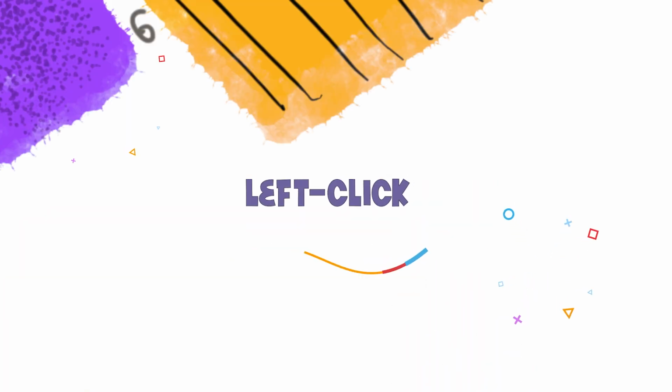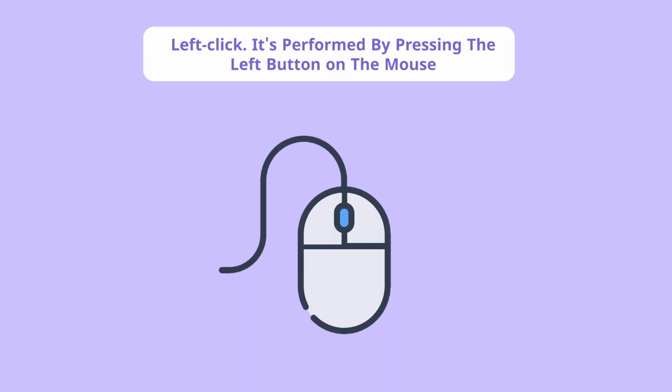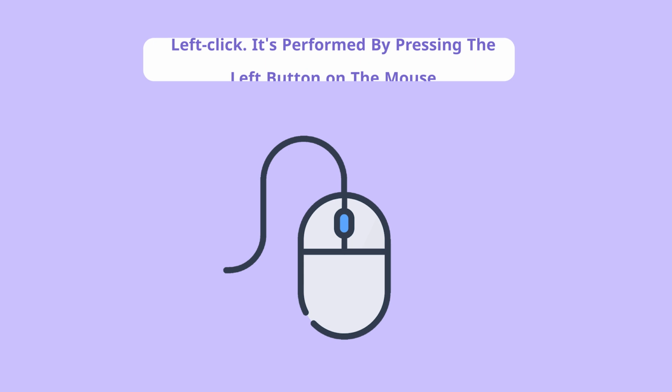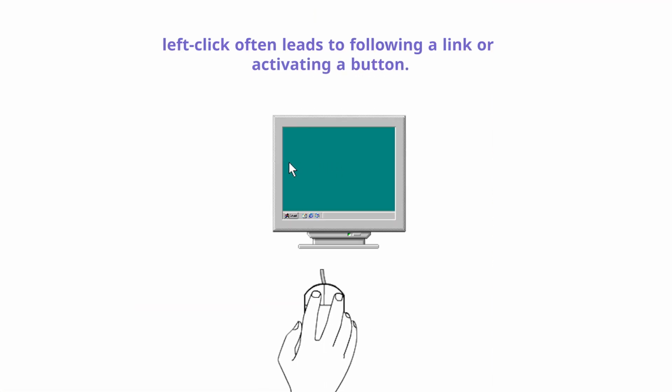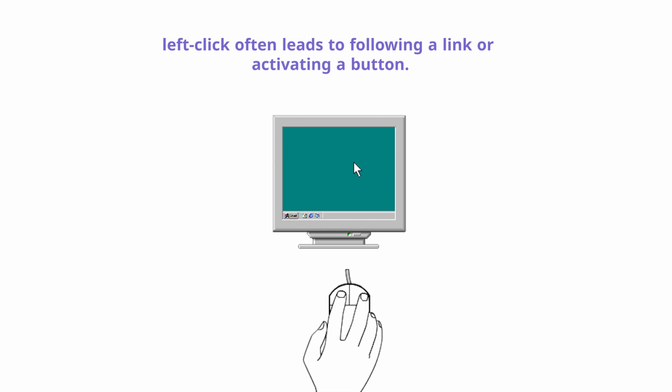Left click. The most common and widely used clicking action is the left click. It is performed by pressing the left button on the mouse. When you left click on an icon or file, it usually selects or opens it. In web browsers, a left click often leads to following a link or activating a button.